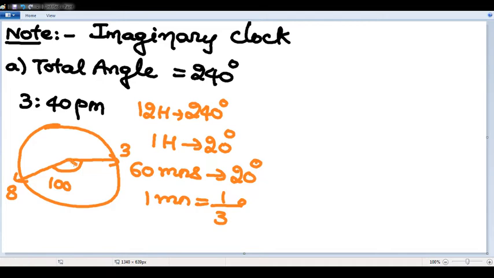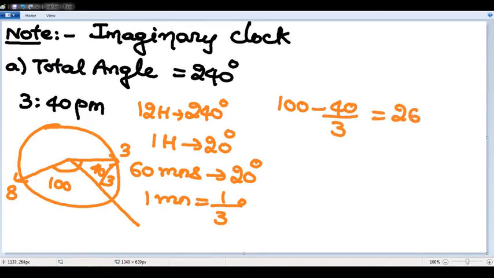When the minute hand reaches 8, the hour hand will shift for 40 minutes. Previously it was 1/2, now it is 1/3. So 100 minus 40/3 is 260/3. The answer is 86.66 degrees. I hope it is clear.